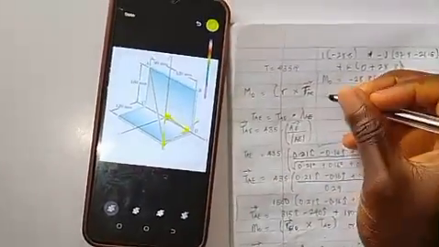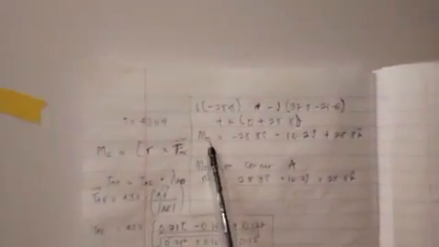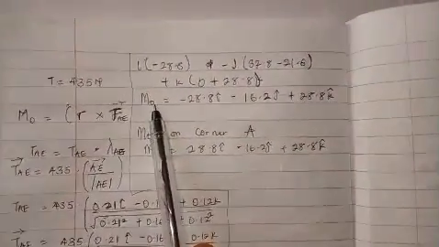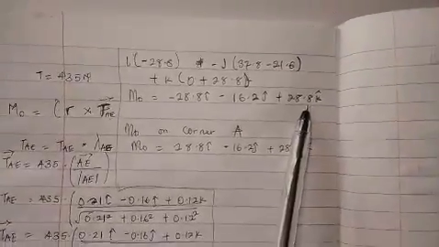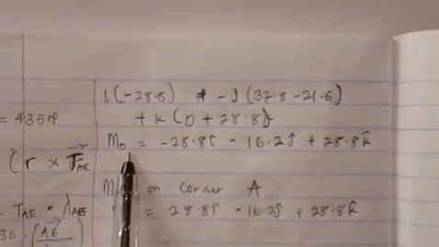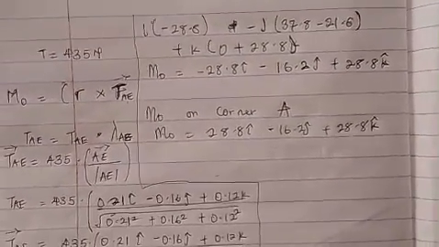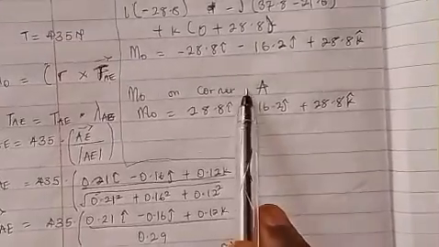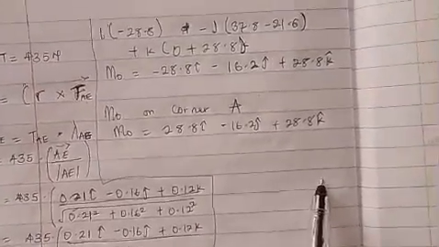Since we've calculated the moment of O, this particular moment that we calculated is from A to E. So this one we calculated is for corner E. Now for corner A, as you can see from the diagram, we are coming from E to A for the second one.